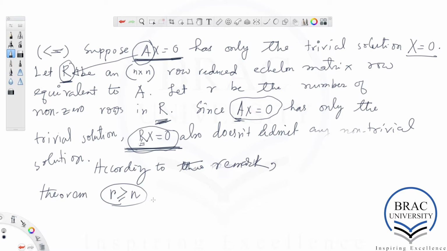So we must have r strictly greater than or equal to n.